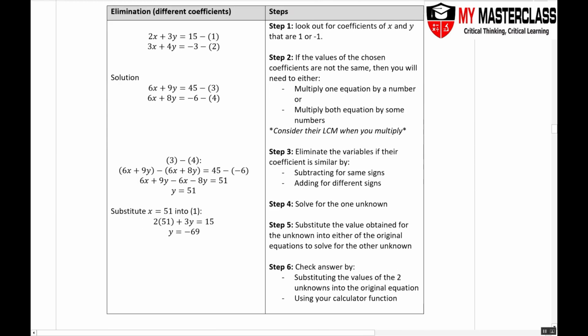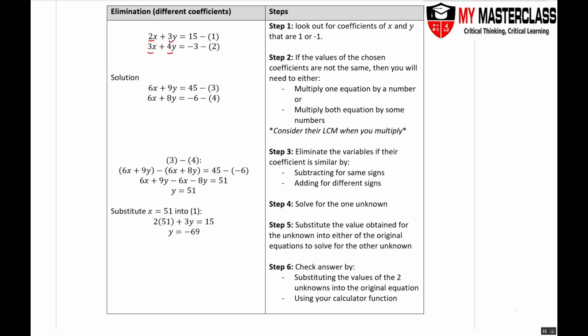Now, similarly you work with your elimination method. But this is the scenario where both coefficients are different. For equation 1, your x is 2, equation 2 is 3x. 3y, 4y, both are different, which means before I even take one minus the other, I need to manipulate both. So in this scenario, they work from the x.